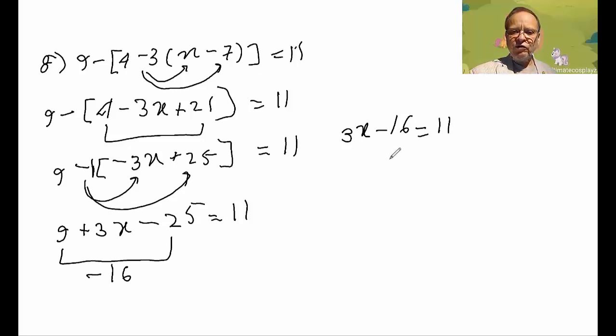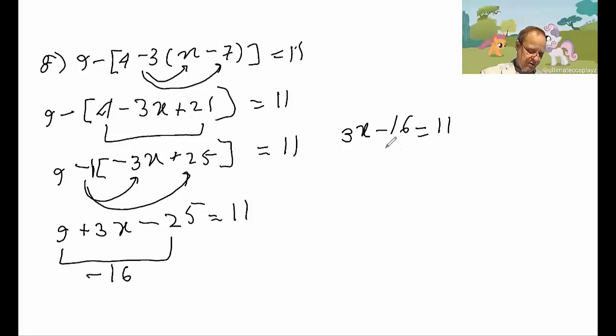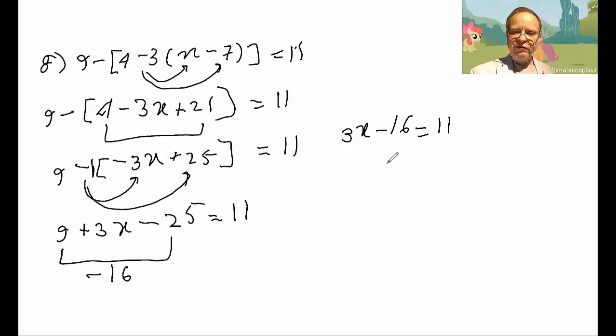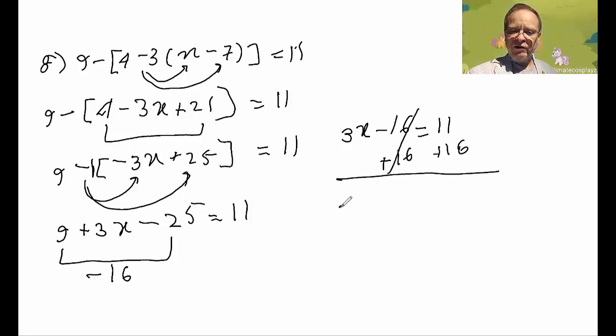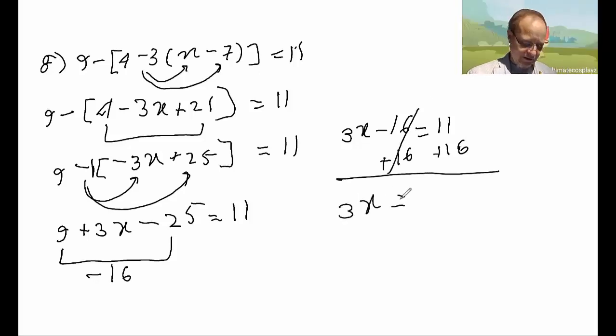And then, of course, we put the 16 here. Remember, opposites, 16. And we end up with 3x is equal to 27.